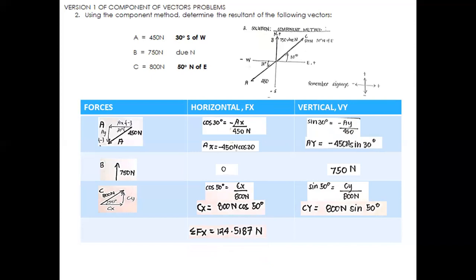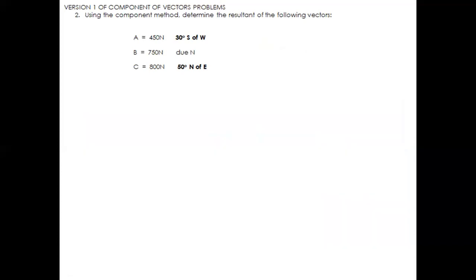On the other hand, for the vertical forces, we just sum negative 450 newtons sine of 30 degrees plus 750 newtons plus 800 newtons sine 50 degrees, which brings up the value 1,137.8356 newtons.